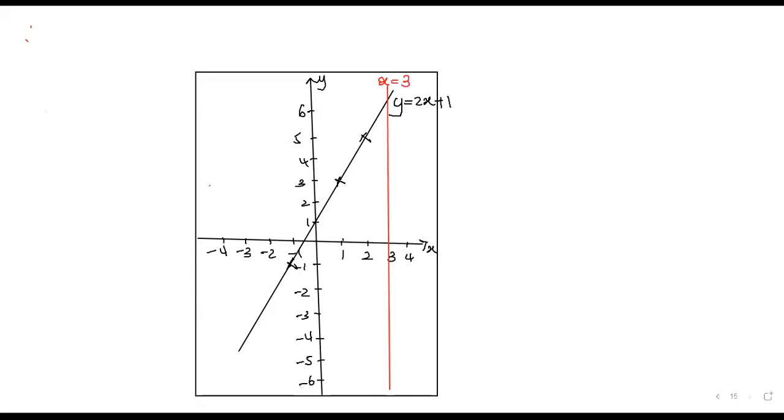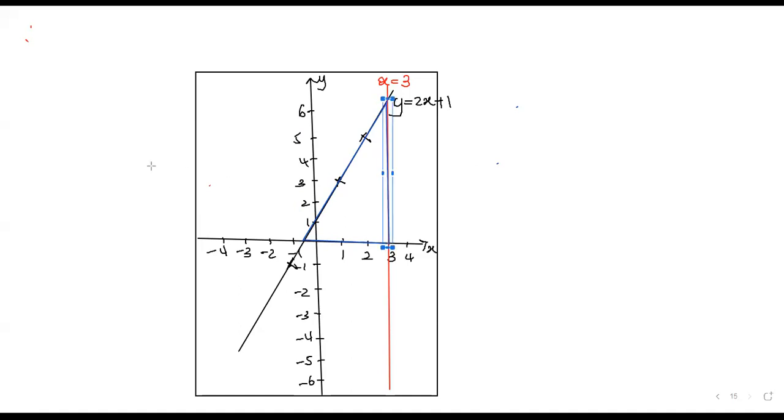Then we'll see what I want to do. Name the triangle. See that I told you there are some questions like that. Name the triangle formed by y equal to 2x plus 1 and x equal to 3 and the x-axis. So this is the triangle they are talking about. I will take this line, the x-axis and this one.